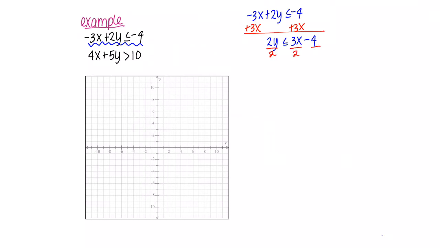Dividing everything by 2, y is less than or equal to 3/2 x minus 2. Plotting this line, up 3/2. There's an underline, so it's solid. And it's less than, so I will be shading below.